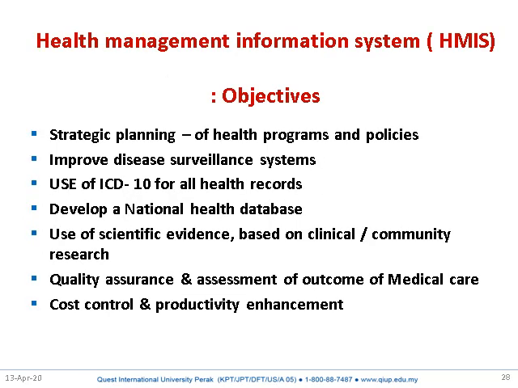Now, health management information system, these are the various objectives. First objective is strategic planning of health programs and policies. Health management information system will have a lot of information, right? So that information is used for strategic planning of health programs and health policies.